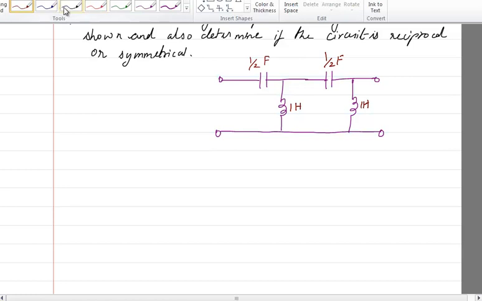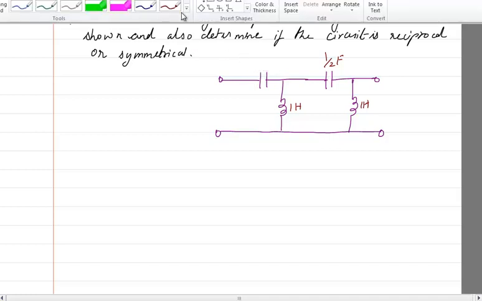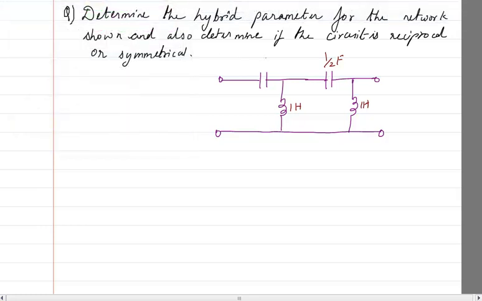So the first thing that we have to do is transform the circuit into Laplace form. So 1/2 can be written as 2/S because it is 1/Cs, so it becomes 2/S.